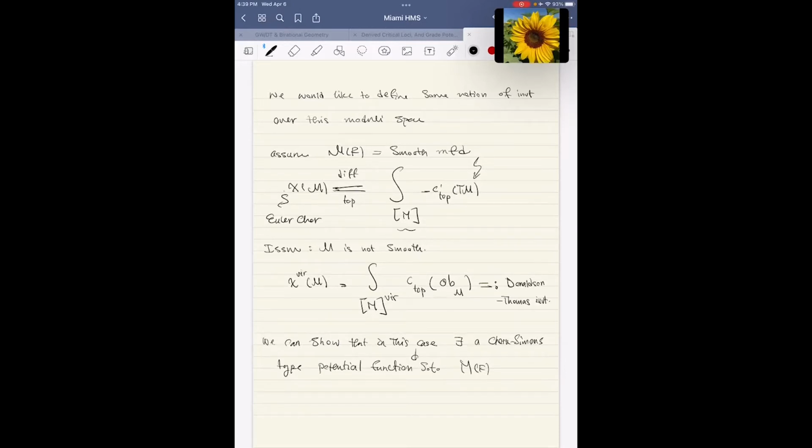So let's call the potential function phi, critical locus of phi. And if you can find such a potential function, there's another way of calculating the invariants using the sheaf of vanishing cycles associated to this potential function. Basically, it is the minimum fiber construction.